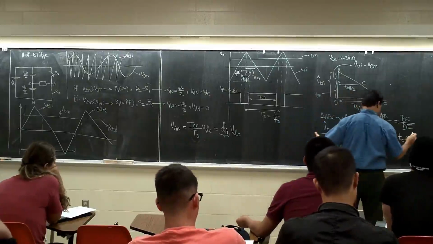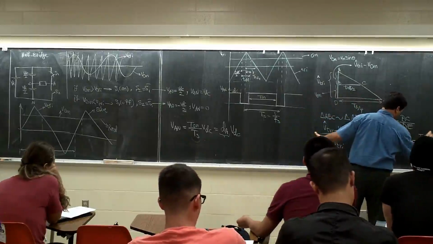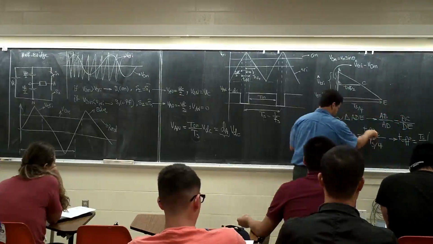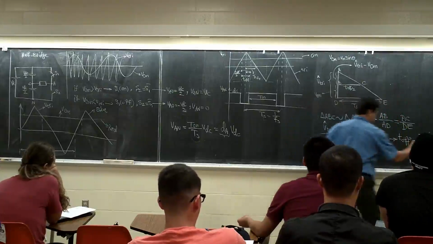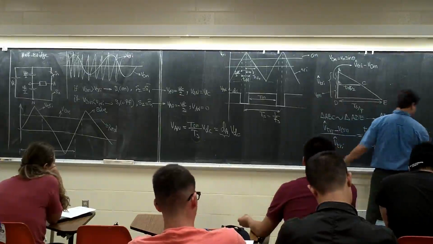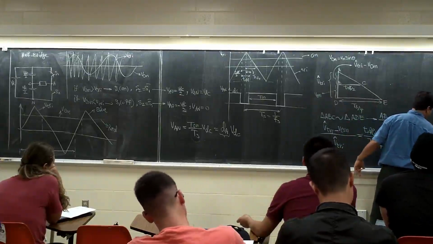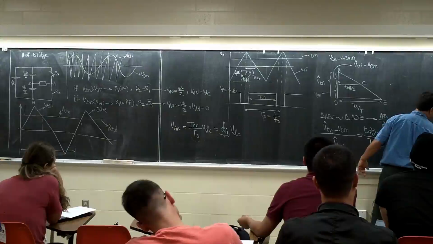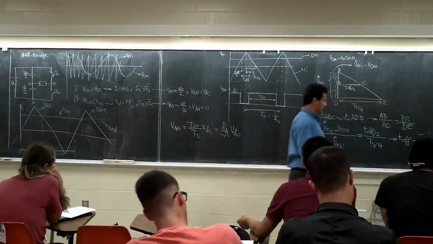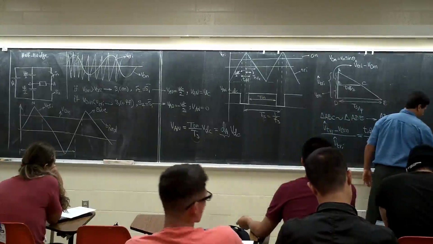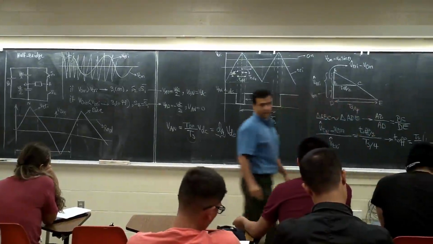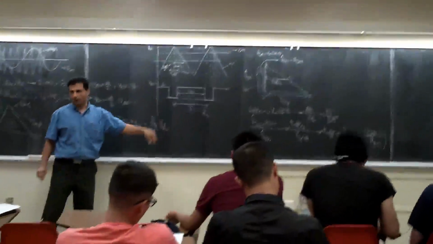It's going to be TS over 2, if I'm not making a mistake, times 1 minus Vcon over VTRI, right? This is the T off.